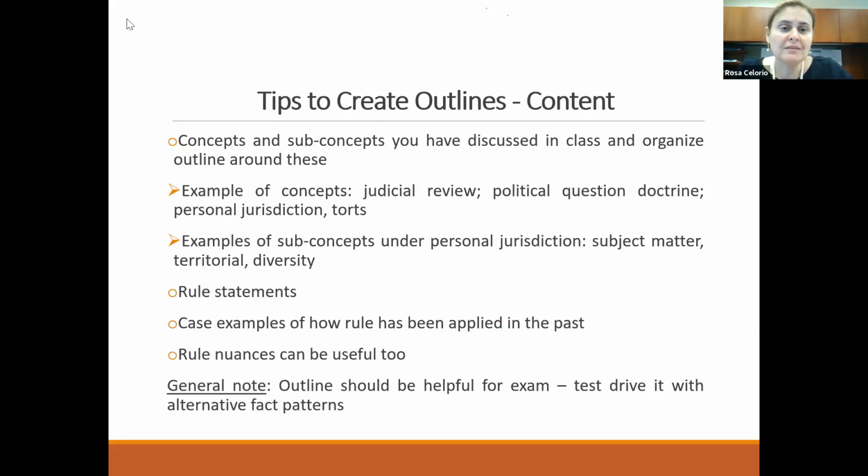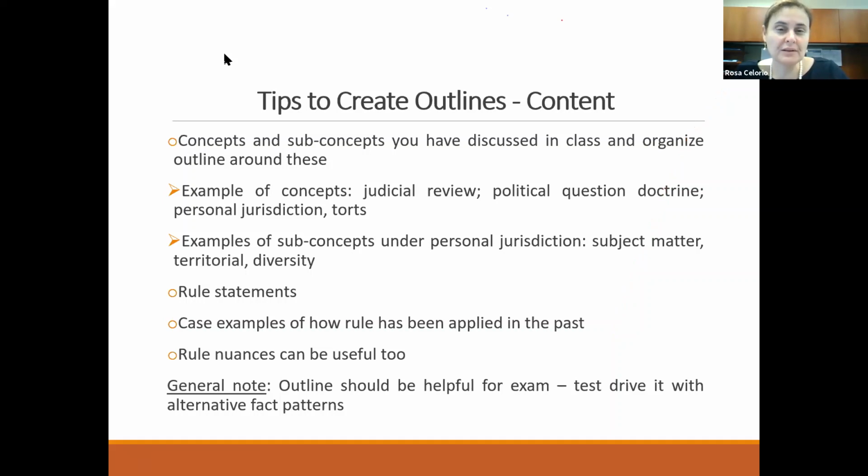A lot of students ask me, what if I find an outline that was already made? Can I use that? And I say, well, the problem with those pre-made outlines that you can find on the internet, for example, is that you're not going through the process or the methodology to really extract that rationale and that rule and that holding, which is very important to become a skilled U.S. lawyer.